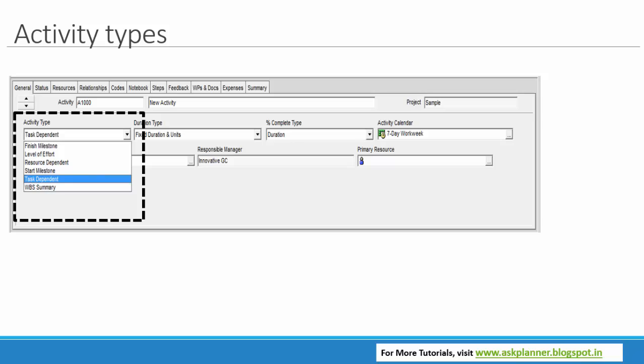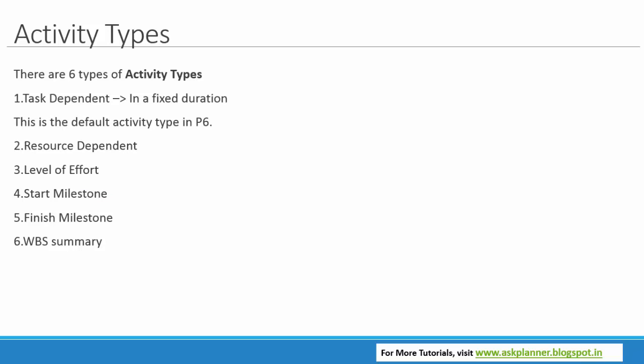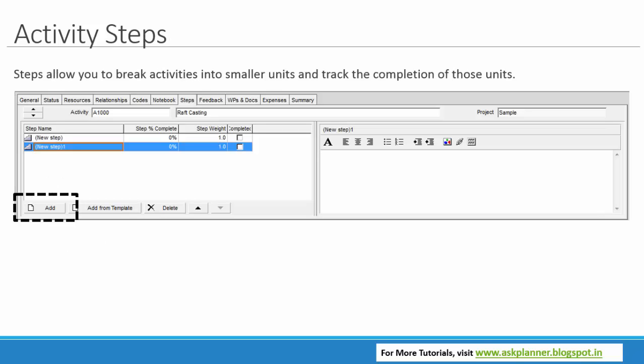Next we go to activity. We have seen the activity types. Next we go to activity steps. Earlier I mentioned that an activity is the lowest work element in the schedule. Further, an activity can be broken into steps, allowing you to track the completion of those units.